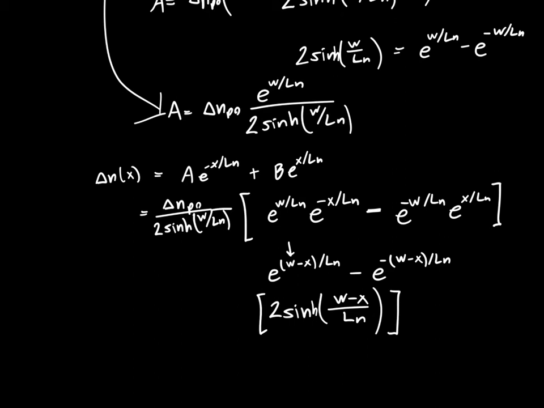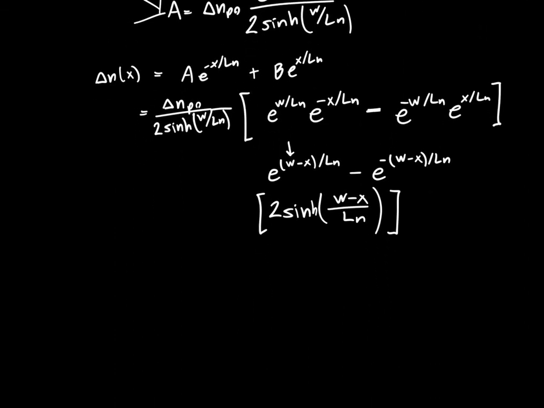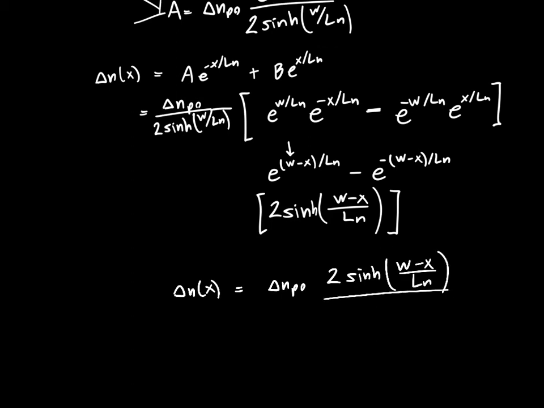And so if we want to write out our final carrier concentration as a function of x, delta n of x, that's just delta np naught times 2 sinh w minus x over ln divided by 2 sinh w over ln. And the 2's here cancel, and we're left with this final expression.